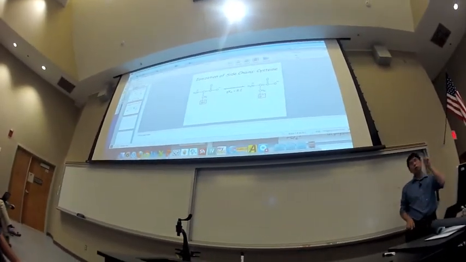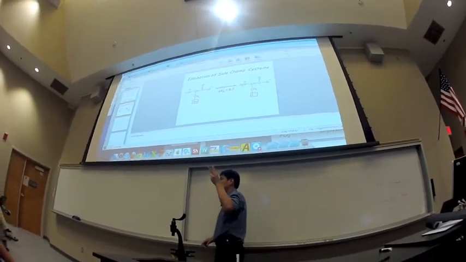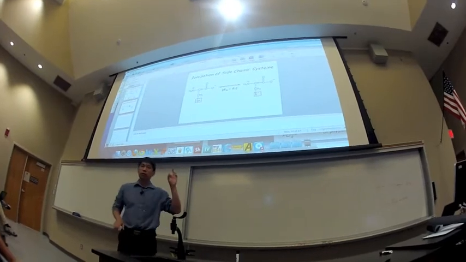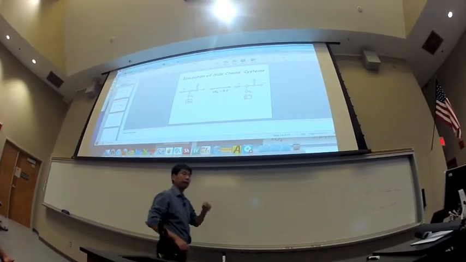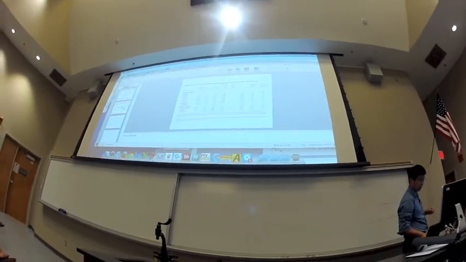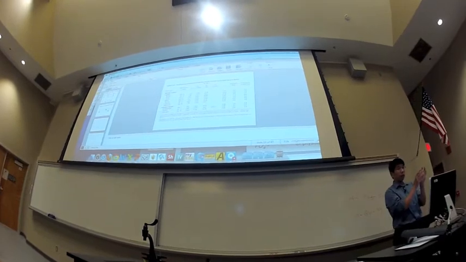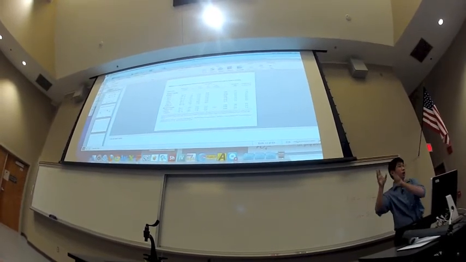Then there are two kinds of amino acids that contain a thiol or sulfur group, methionine and cysteine. I will give you a table like this, so you will know the pK1, pK2, and pKr.